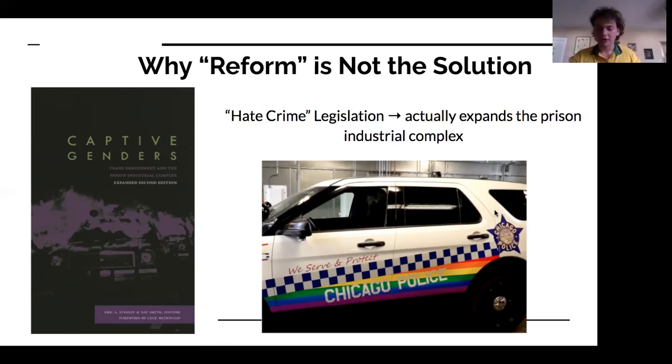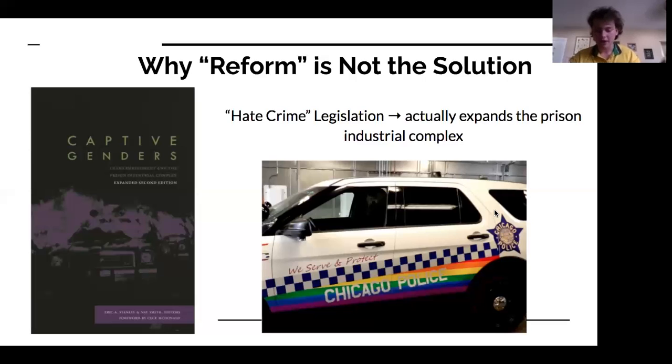And so overall, any reform effort that actually gives more resources to the prison industrial complex, regardless of its intentions to help LGBTQ people, is ultimately going to perpetuate more harm and move us further away from abolition.